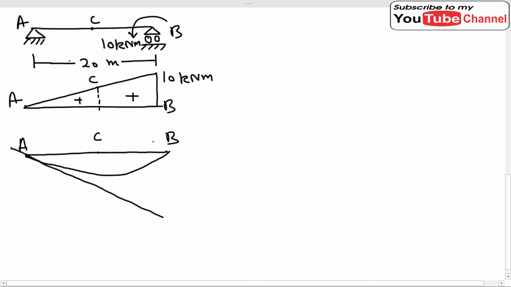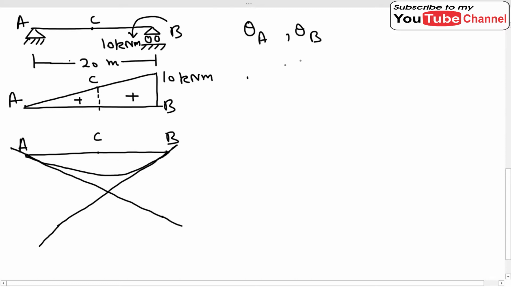Okay, this is the tangent at A, and if we draw a tangent at B, the tangent will be like this. So why are we drawing the tangents? Because we want to find out the angles theta A and theta B. So how are we going to find out these two angles?